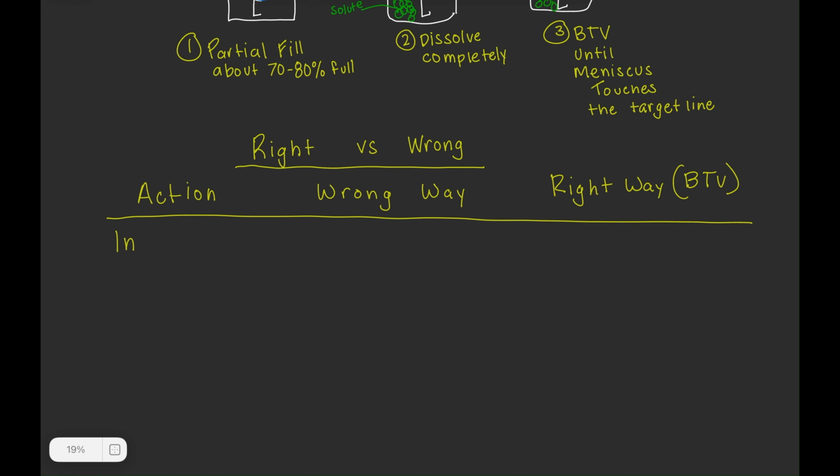So we have our initial solvent. The wrong way is going to be to add the full 100%. The right way is going to be to add somewhere between 70 to 80%.